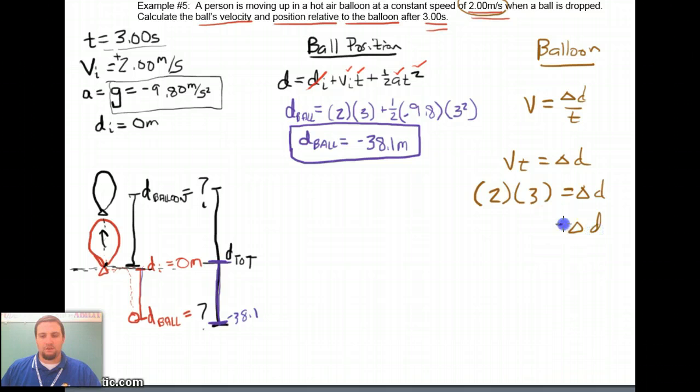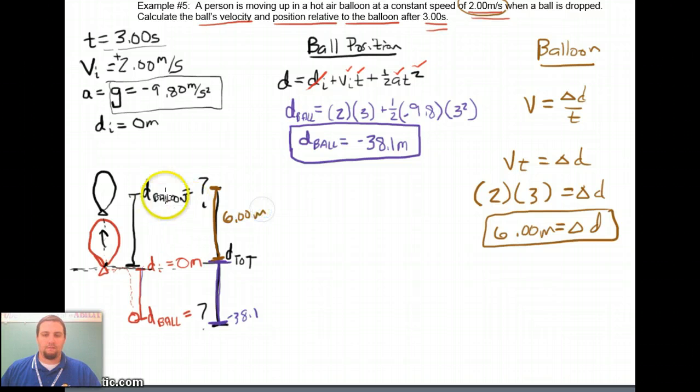So the displacement is equal to 6.00 meters. So that was pretty simple. So the balloon moved up 6 meters. So from here to here, 6 meters. Okay, that's the balloon. That's the position of the balloon. So the question now remains: well, what's the difference between the two positions?